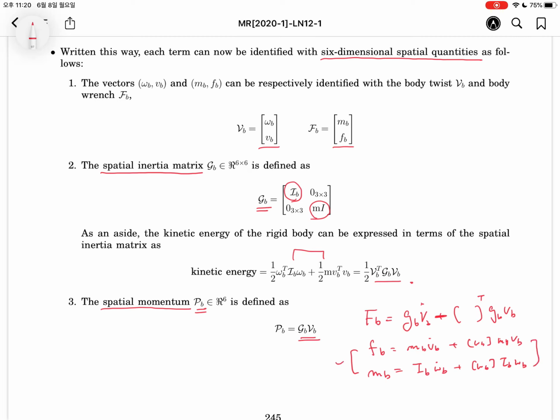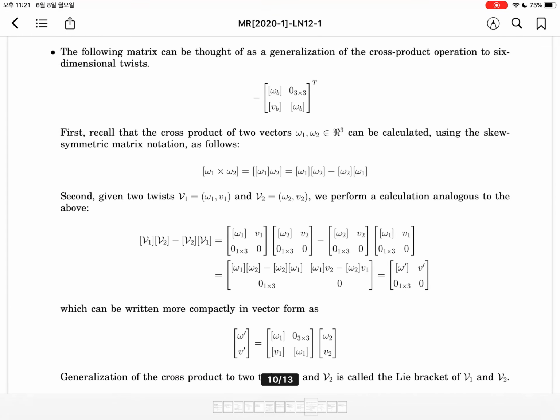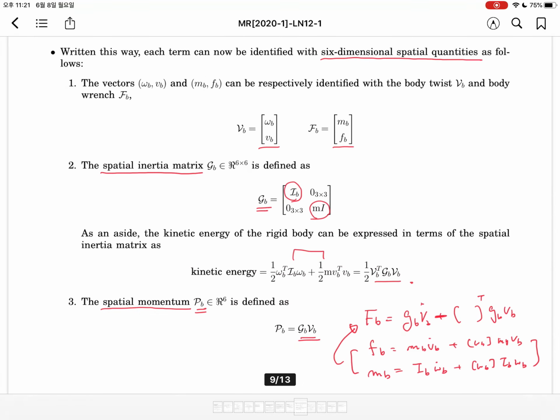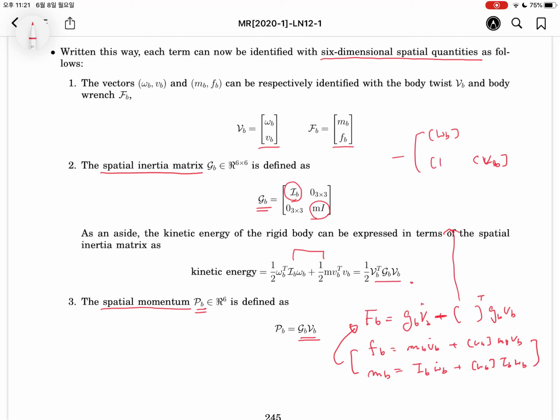This equation can be combined into one equation using the six-dimensional vector. Okay, just we have the one issue here. Maybe these terms can be written minus omega_B and omega V_B, and how about that, V_B, okay, and zero matrix.